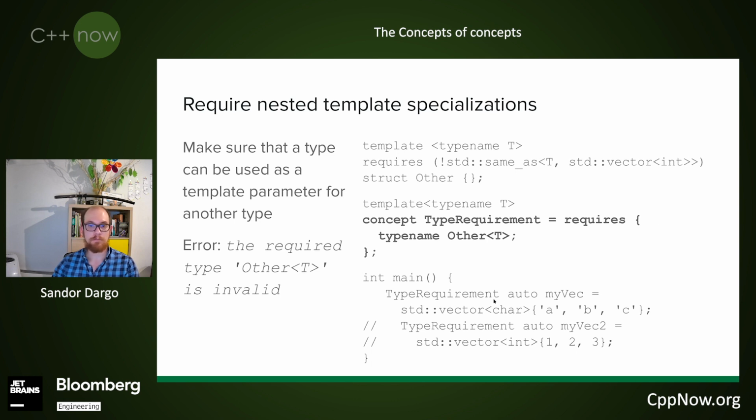So then if we want to have this my_vector that models type_requirement, and we create it with a vector of characters, then it will work. But the other one will not work, because for the vector of integers, the required type other<T> is invalid, because for the struct other, we require that the template type T must not be a vector of integers.